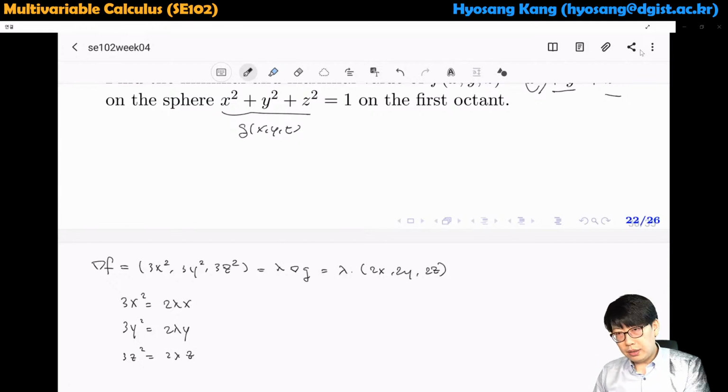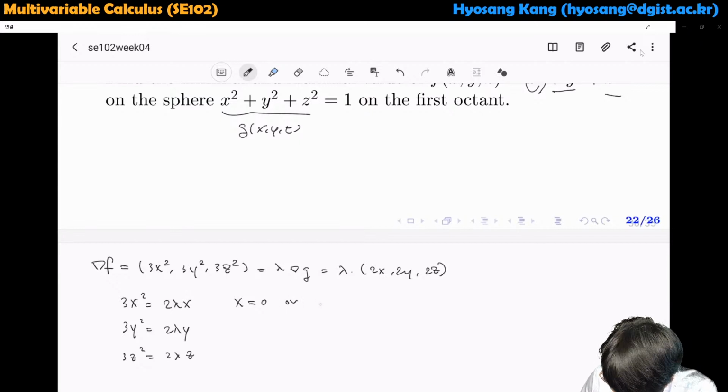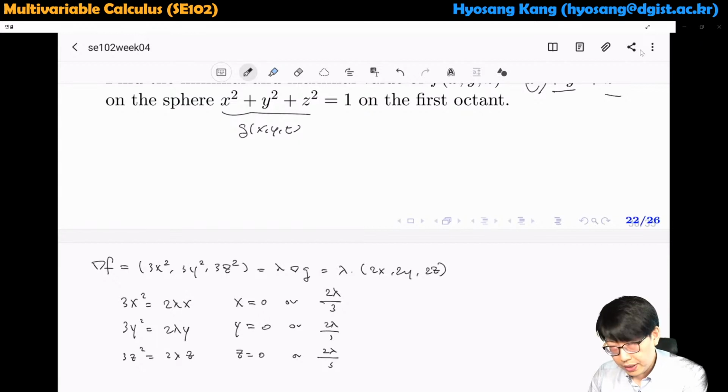So don't erase x, y, z, although there are x's and y's and z's on both sides, because these could be 0. So x could be 0 or given by 2 lambda over 3, and y also 0 or 2 lambda over 3, and z also 0 or 2 lambda over 3. Depending on the choices, there are independent choices.